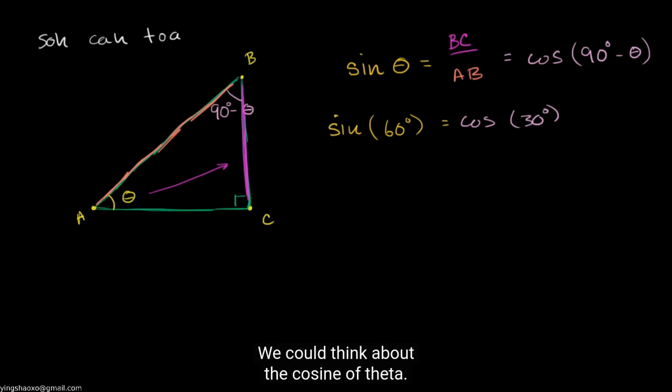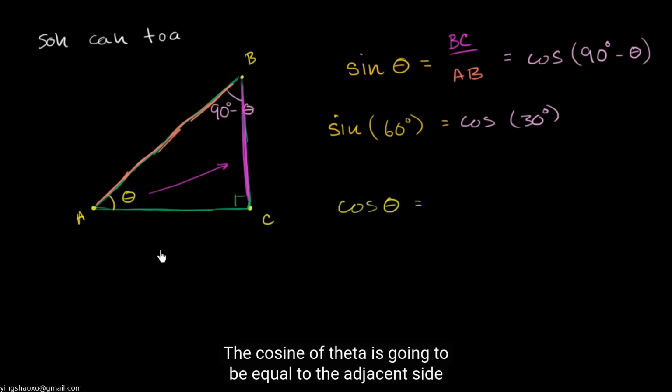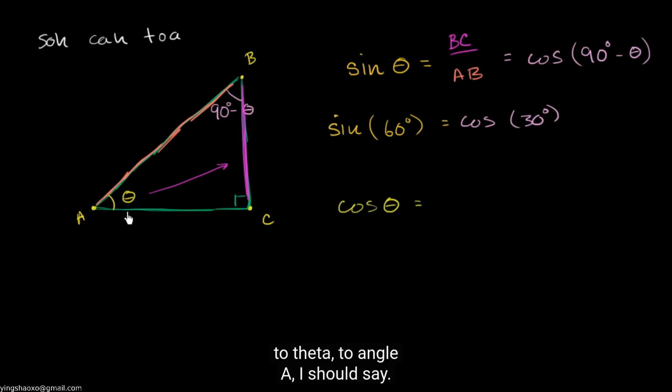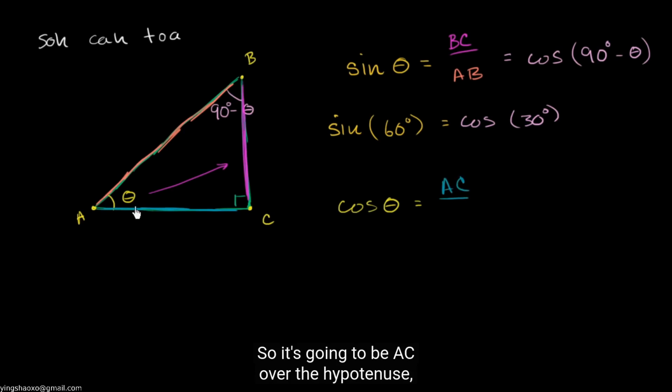We could think about the cosine of theta. The cosine of theta is going to be equal to the adjacent side to theta, to angle A, I should say. And so the adjacent side is right over here. That's AC. So it's going to be AC over the hypotenuse, adjacent over hypotenuse. The hypotenuse is AB.